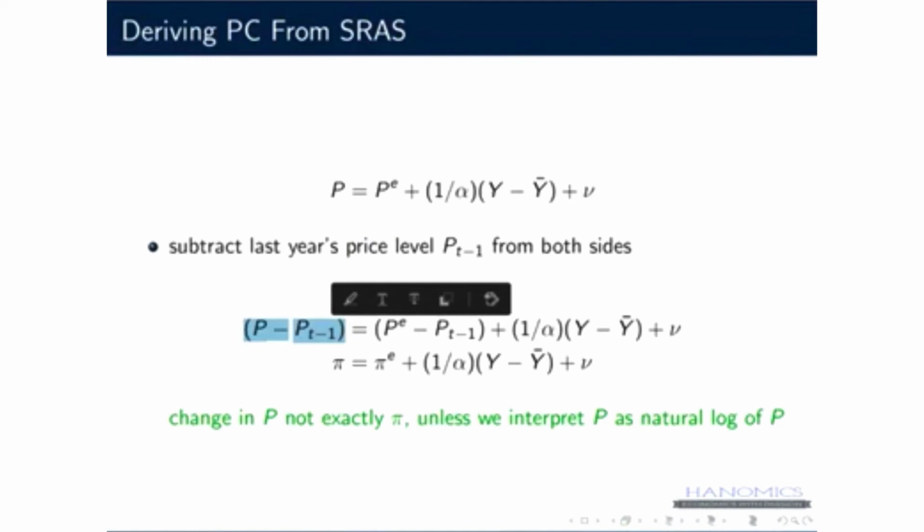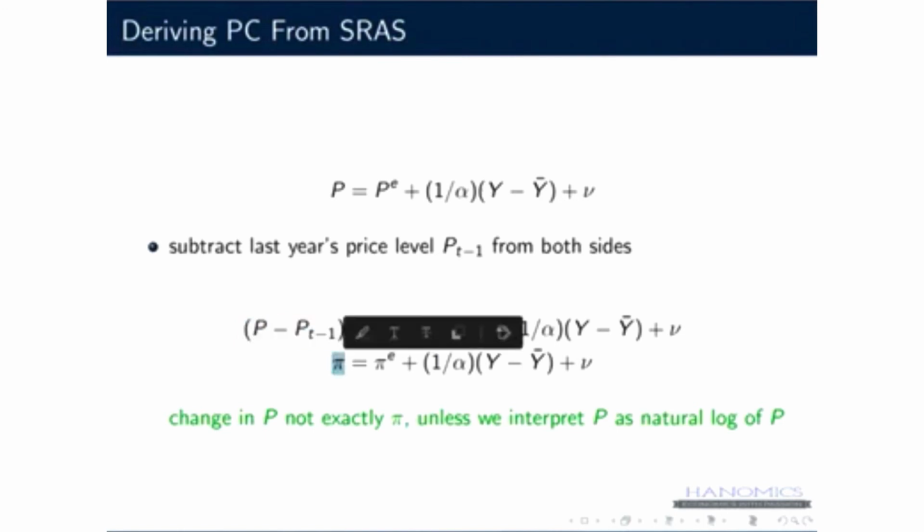So if these were expressed in natural logs, then the difference between these two is the inflation rate, and the difference between the expected price level and the price level in time t minus 1 would give us the expected inflation rate.